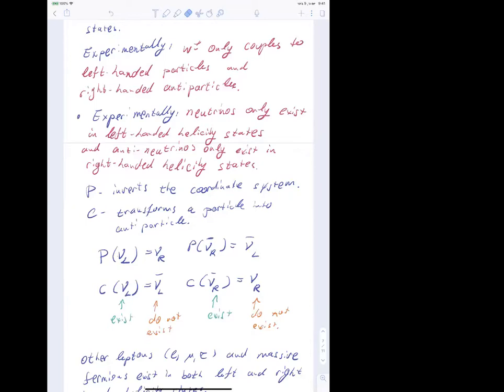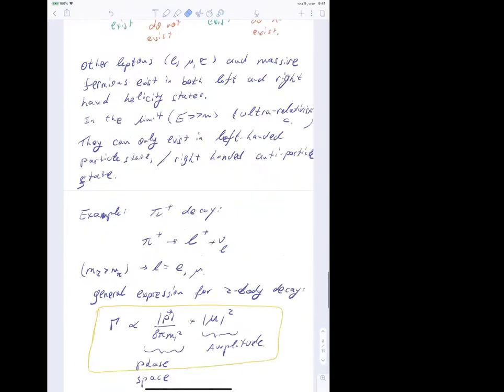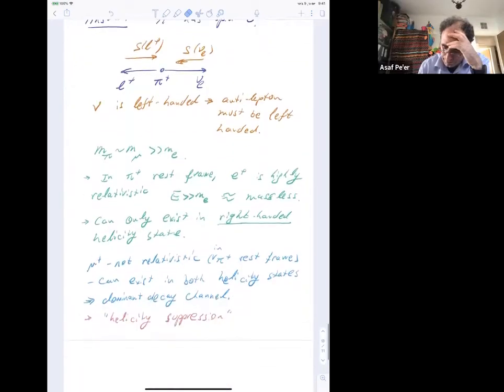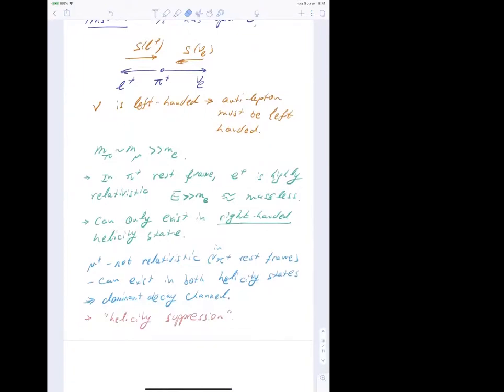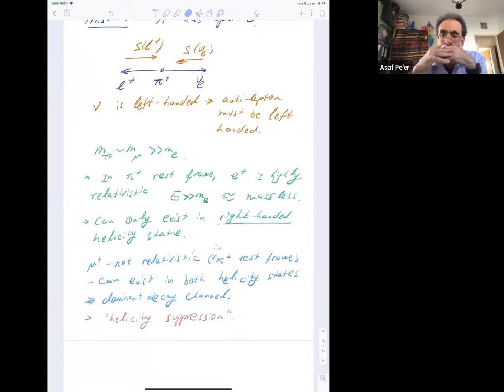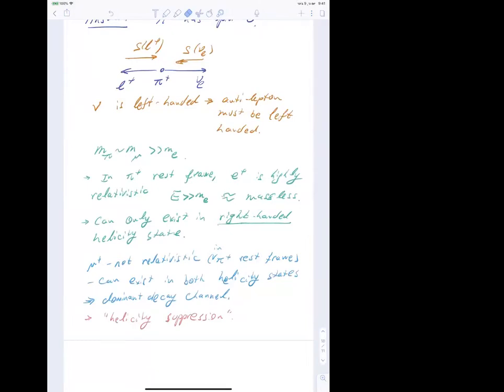I'm not convinced yet. This pion decay happens through a W boson, right? Yeah. So I'm convinced a W boson can't couple to a right-handed neutrino. But that doesn't necessarily mean that there isn't a right-handed neutrino, just that the W doesn't interact with it.